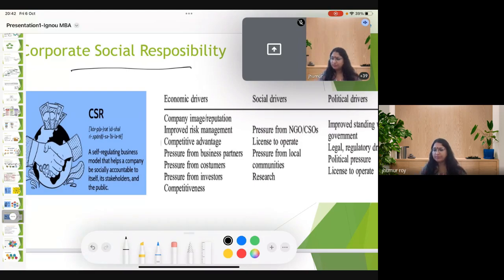So we talk about how we can help others when we are earning a huge amount of profits and we are doing very well. What are we giving back to society? That is what we talk about as corporate social responsibility. So many of the organizations normally take up one important area, and this important area they want to work on.